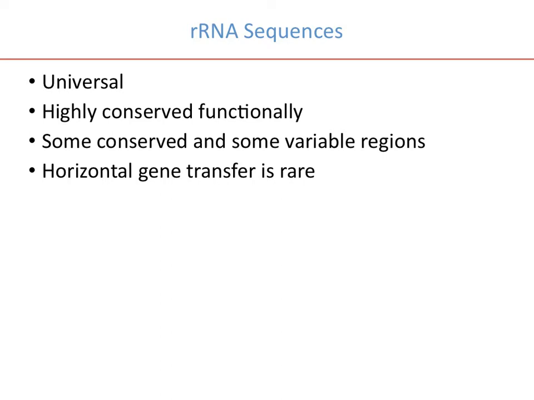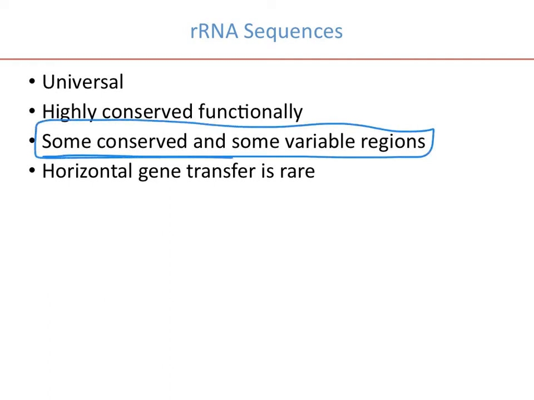Now, one of the things that makes it so great for this type of study is that there are some conserved regions and some variable regions. Hold on to that. I'll show you a picture of what that means exactly in a few minutes. But this is one of the big reasons why we are practically able to study these genes.